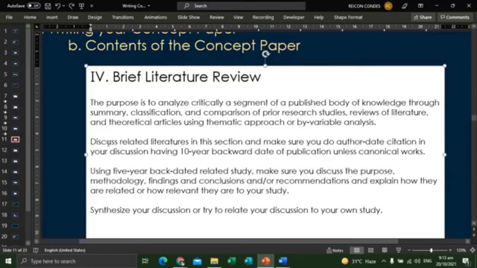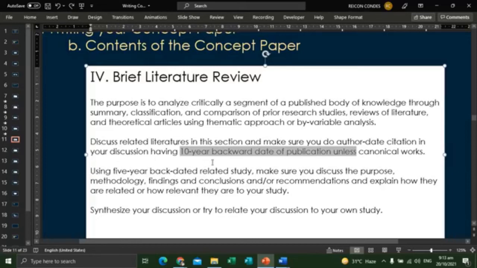And then, you discuss this literature in this section using author date citation. So, kailangan i-cite according kanino, sino nagsabi, yung author, year, citation. So, kung books, 10-year backward, date of publication. So, kung ngayon ay 2021, kailangan ay 2012 ang inyong gagamitin. So, 12, 13, 14, 15, 16, 17, 18, 19, 20, 21.